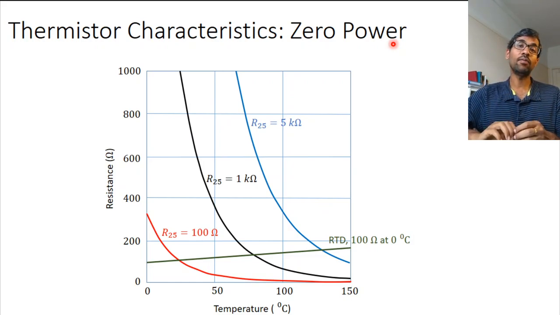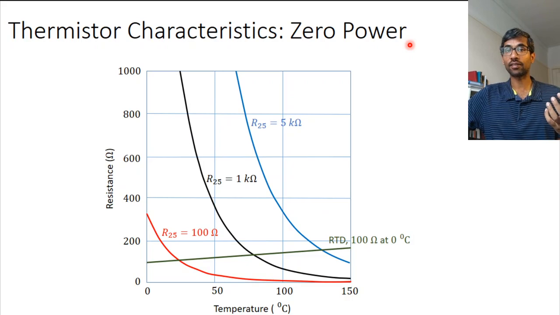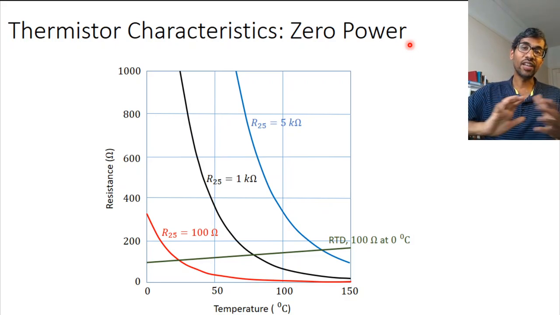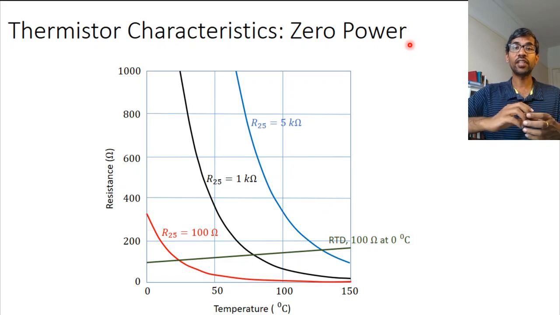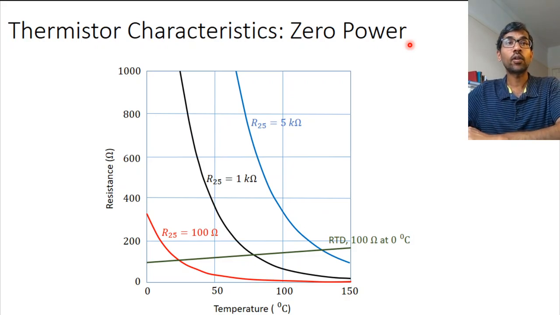And that's when we are taking this characteristic. And that's why we call it zero power characteristic. We cannot really have zero power, but we can have very, very low power so that the temperature of the thermistor is almost entirely determined by its environment and not by the power dissipation due to the current flowing through it.